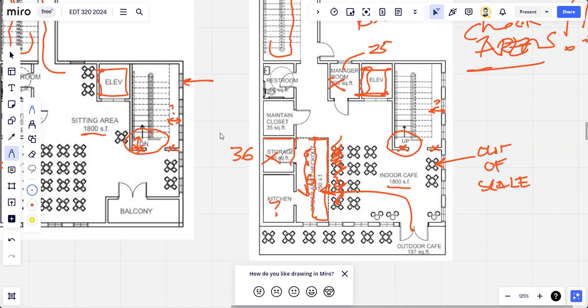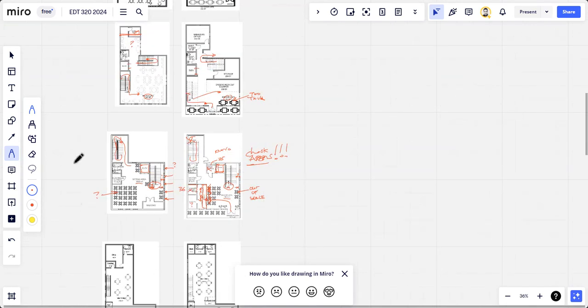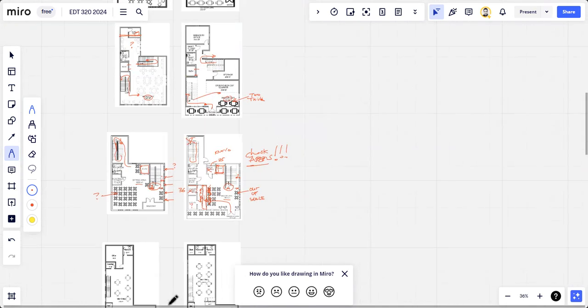So the sunlight would be entering all these openings here. So it's not necessarily wrong, just that how are you going to stop the hot summer sun from entering the building on this side? Okay. Let's see.